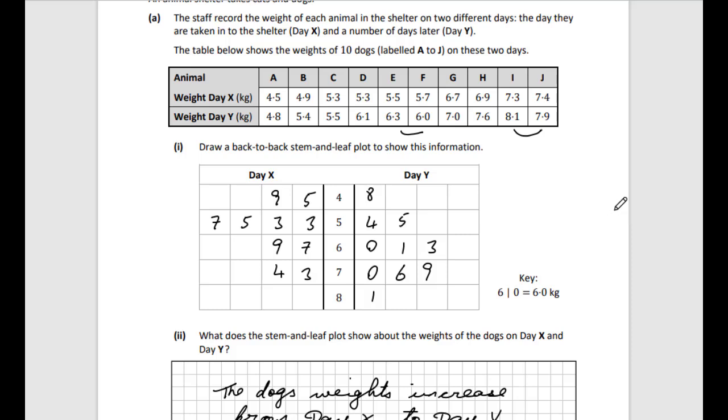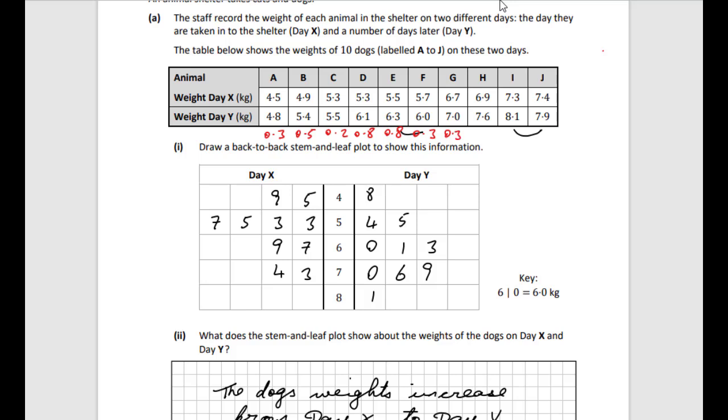If you look at all of these, we can actually put in the difference in each case. So let's say this one increases by 0.3, this one increases by 0.5, this one increases by 0.2, this one increases by 0.8, this one increases by 0.8 again, this one by 0.3, this one by 0.3.